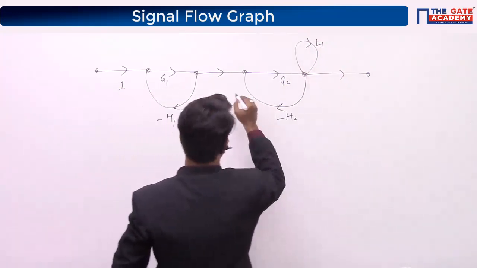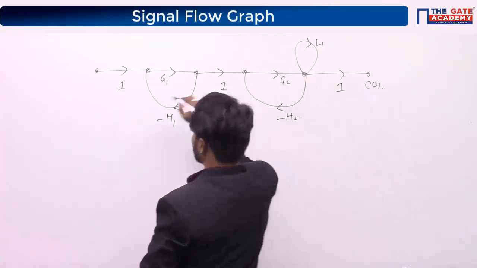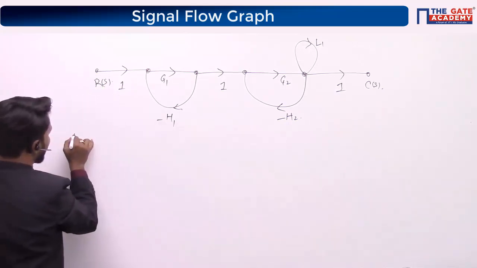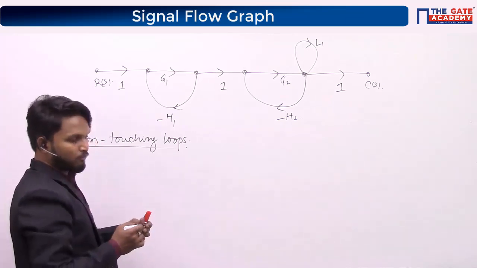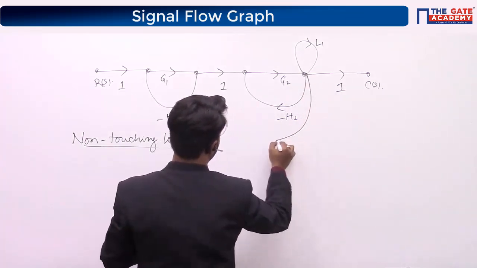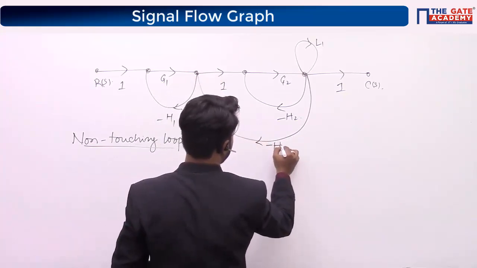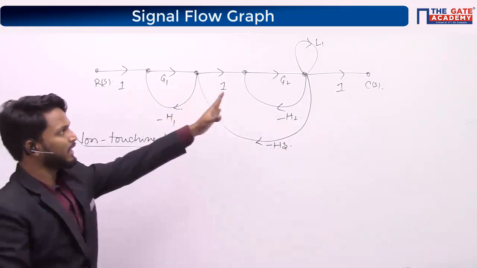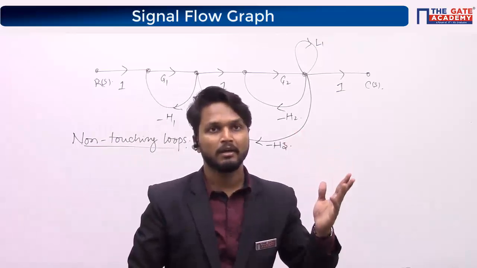This is 1, this is 1, this is 1, this is C of S, this is R of S, right? And we have one more loop, let us say from here to here. This is minus H3. From this you have to identify which loops are non-touching and which loops are touching.